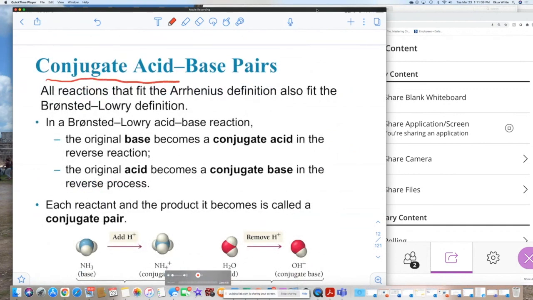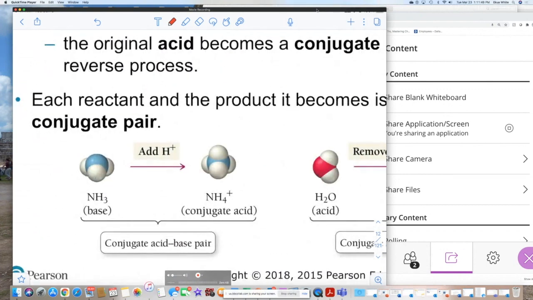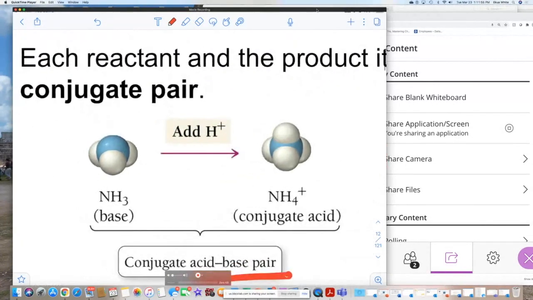We're now defining the conjugate acid-base pair. As I mentioned, the conjugate acid and base are a pair. They go hand in hand. To practice how the conjugate acid and base pair works, they started off with NH3 as a base. How do we know it's a base? Remember, in Bronsted-Lowry, the base has a lone pair.